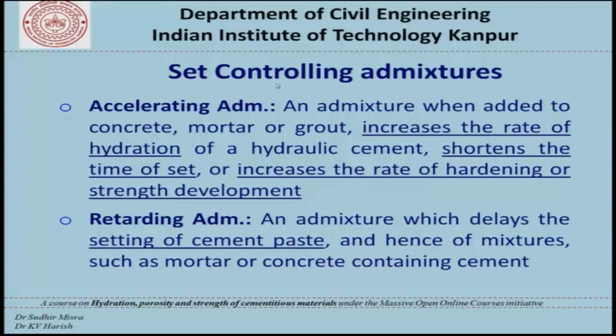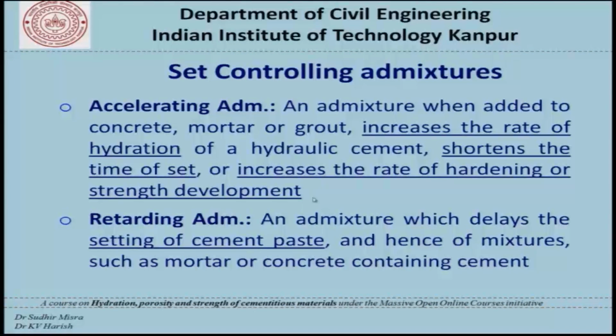Now, set controlling admixture, again you have two categories: accelerating admixture and retarding admixture. The definitions from IS 9103 are as follows: an accelerating admixture is an admixture which, when added to concrete, mortar or grout, increases the rate of hydration of hydraulic cement, shortens the time of set, or increases the rate of hardening or strength development.